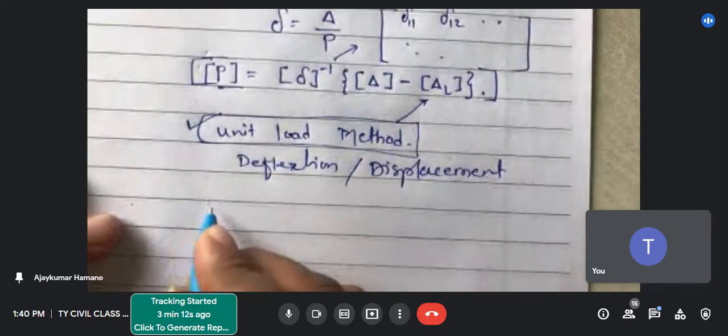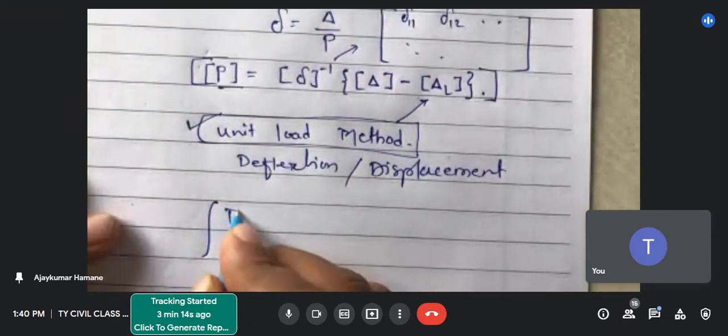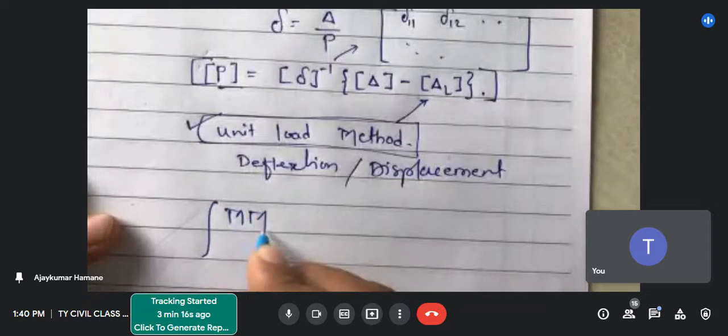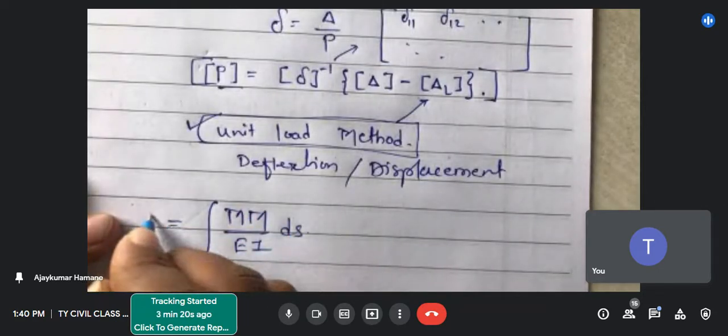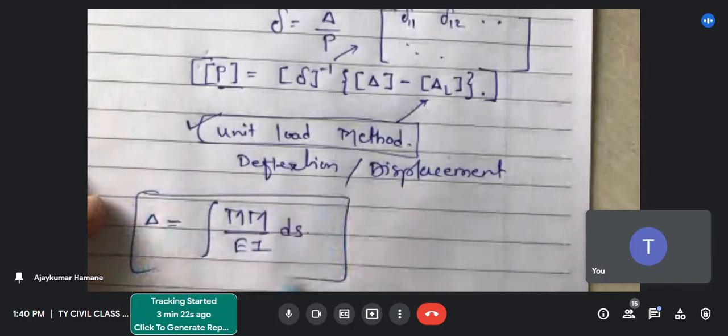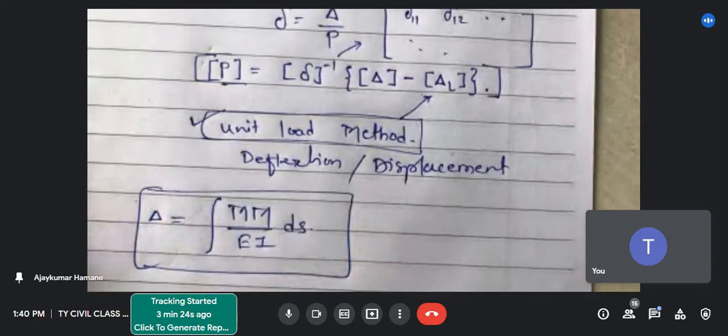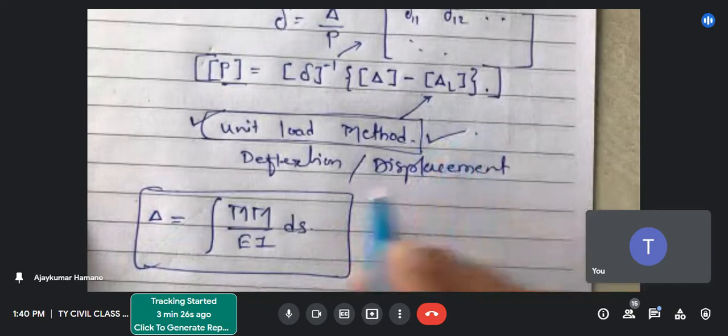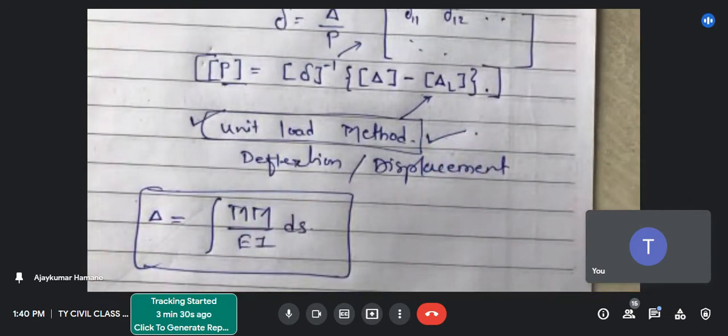Okay, so yesterday I told this formula, M divided by EI into ds, to find out the deflection. Now this is a very easy method to find out the deflection, because sometimes it is very hard to find out the displacement by using our regular method.